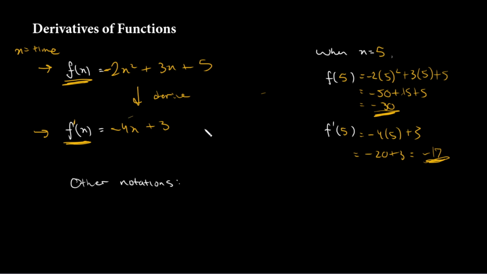And from this, we can tell a derivative of a certain function is going to be the function that gives you the value of the gradient of the tangent that we discussed in the previous slide. So this would be the gradient of the tangent line. And this comes in really handy when you're asked to find specifically the equation of the tangent line at a certain point of this function.